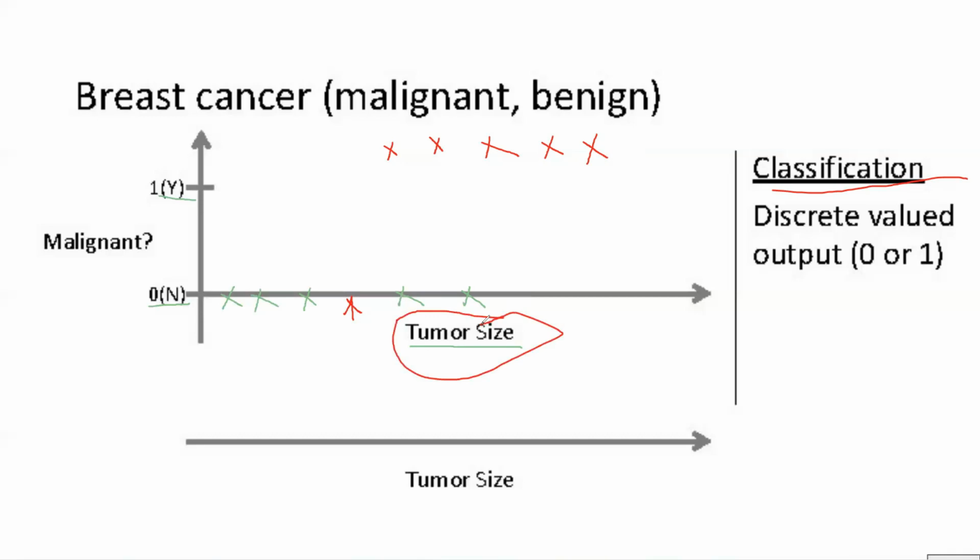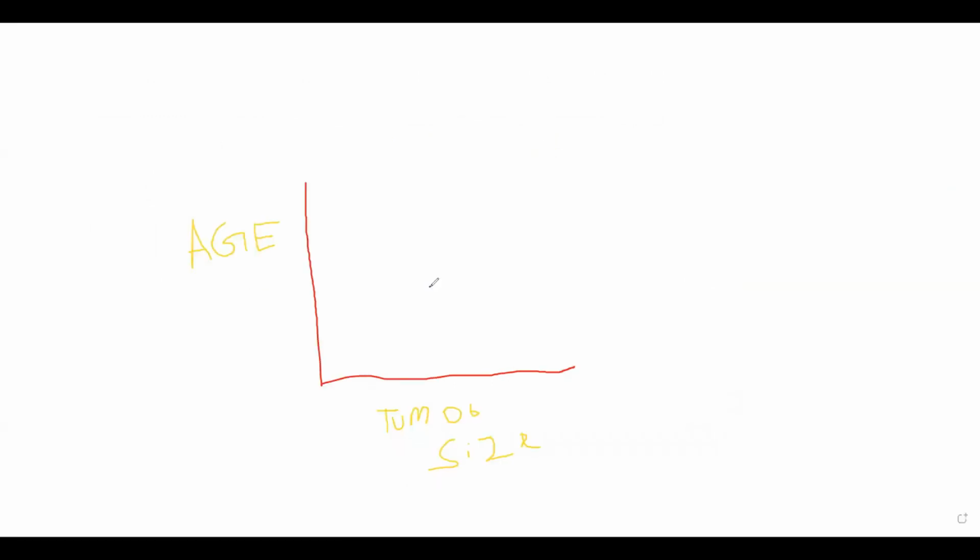In other machine learning problems, we have more than one feature or attribute. Here's an example. Let's say that instead of just knowing the tumor size, we know both the age and the tumor size of the patient. In that case, maybe your data set would look like this, where I have a set of patients with those ages and tumor sizes, and they look like this.